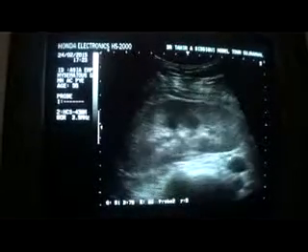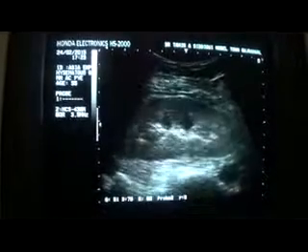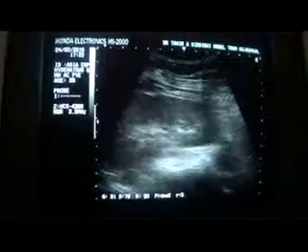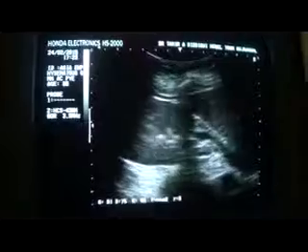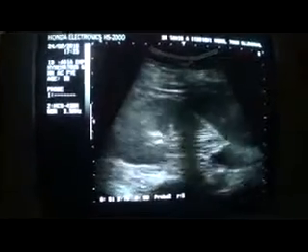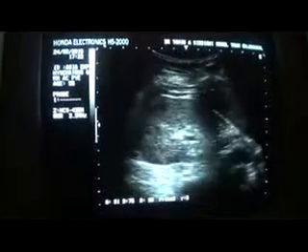This kidney is showing findings of pyelonephritis, and the other one is consistent with emphysematous pyelonephritis.